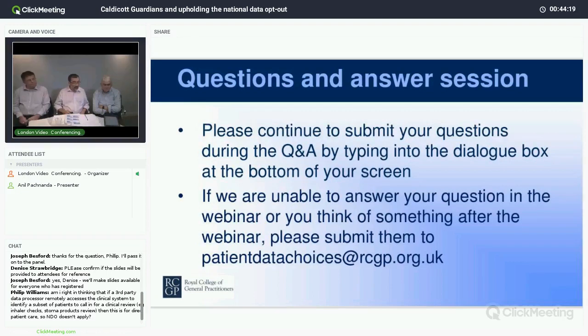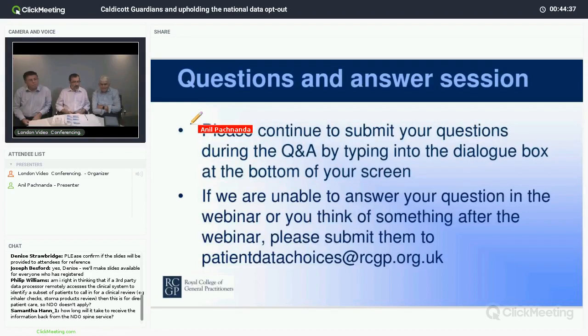So I think we'll come first to Philip, who's asked us about the scenario we were covering last, the research scenario. If the third-party data processor remotely accesses the clinical system to identify a subset of patients to call in for a clinical review, e.g. inhaler checks, stoma product review, then this is direct patient care.